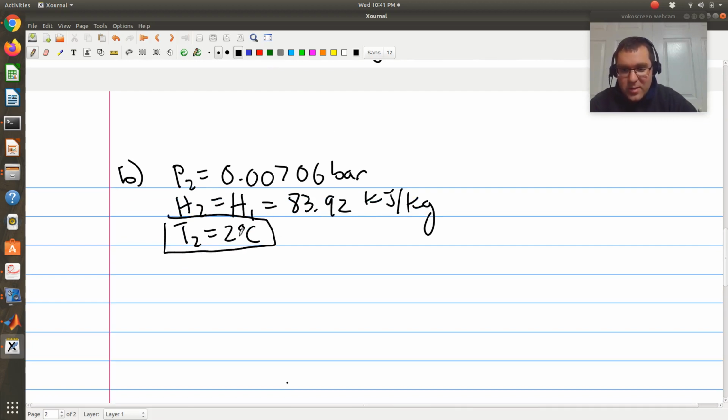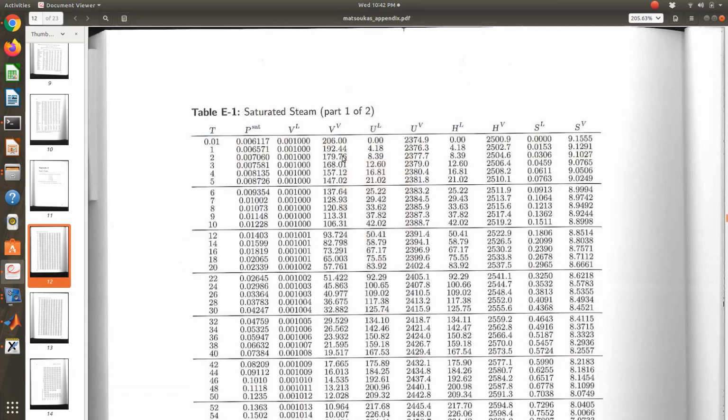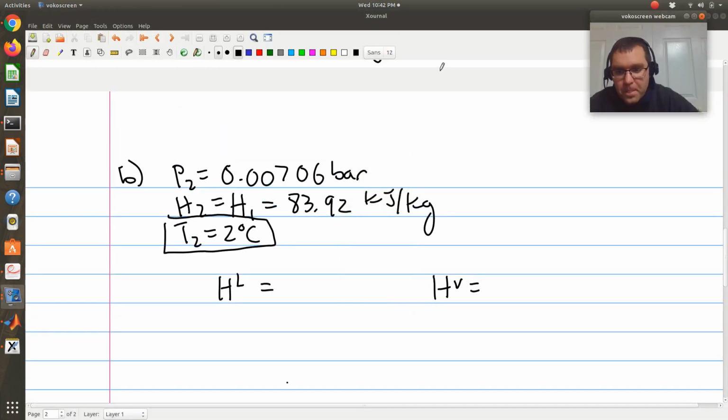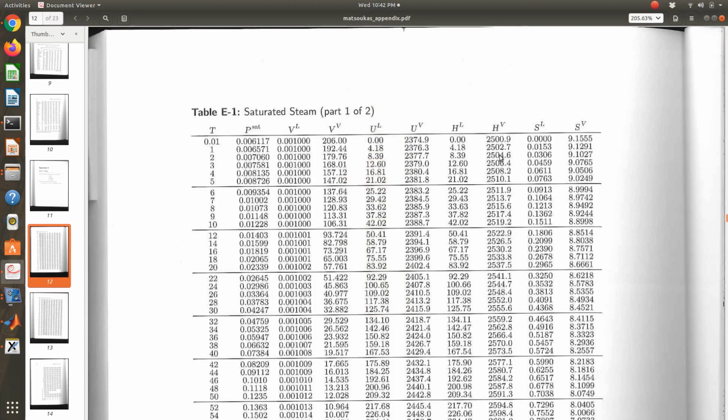This is my saturation temperature at a pressure of 0.00706. And if I look up the enthalpy of my liquid and vapor, we get the enthalpy of the liquid is 8.39 kilojoules per kilogram, and the enthalpy of my vapor is 2504.6.